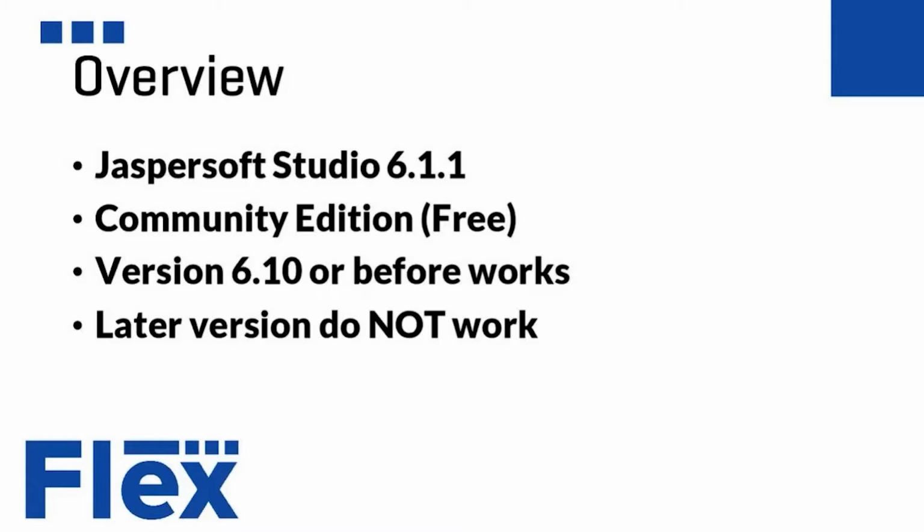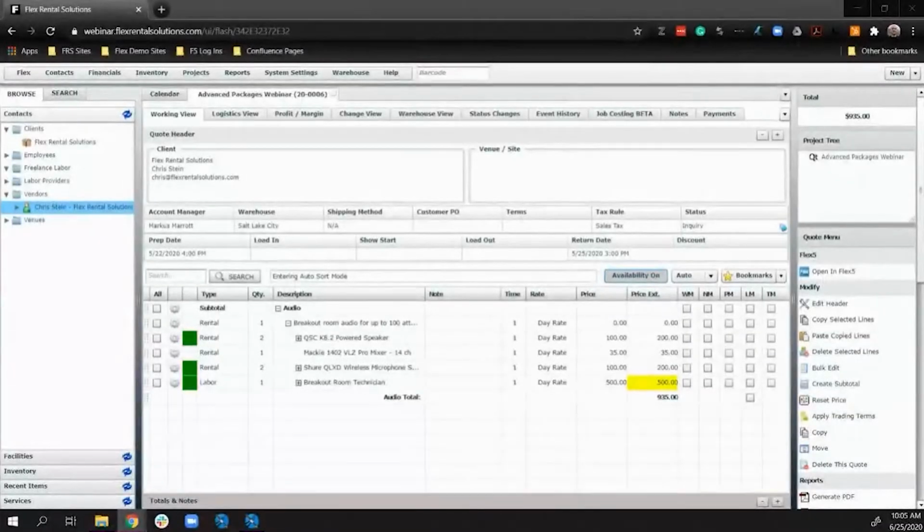Okay, so to get the software, let me switch to my screen. Now you can just, and very commonly I've just said, go and Google Jaspersoft Studio Community Edition. But another really easy way to get there is going to be reference to that article that I mentioned in our help center in the user manual.